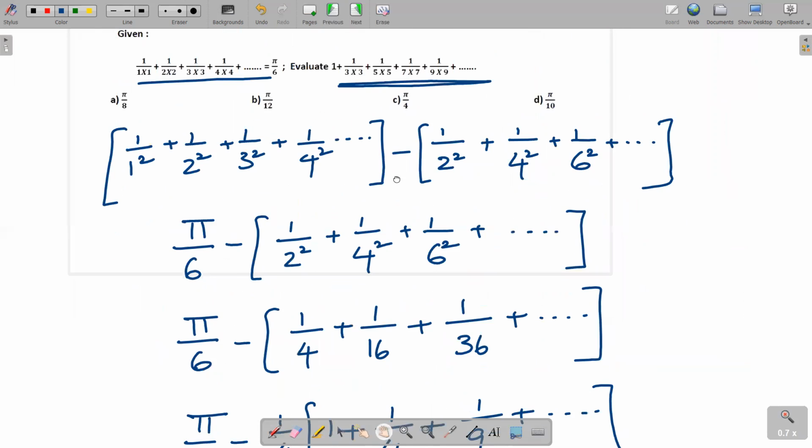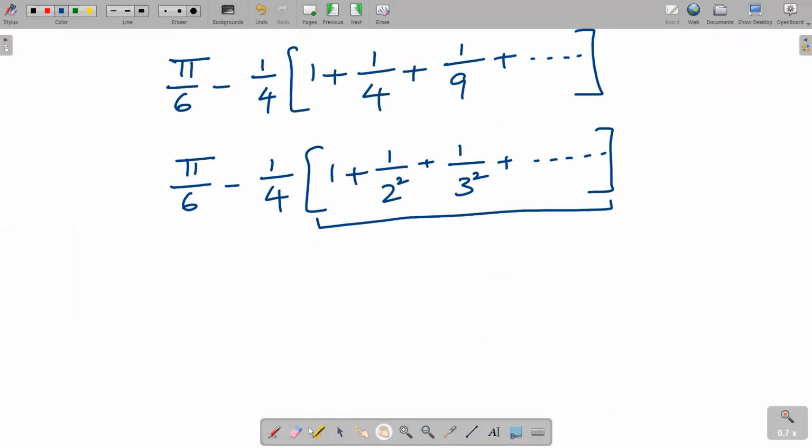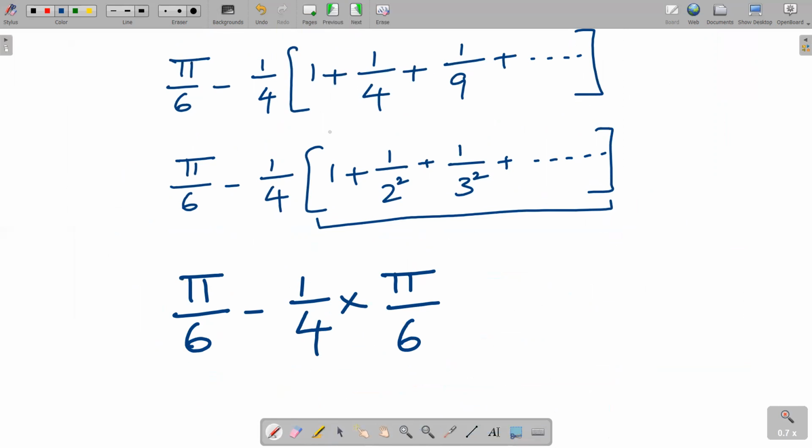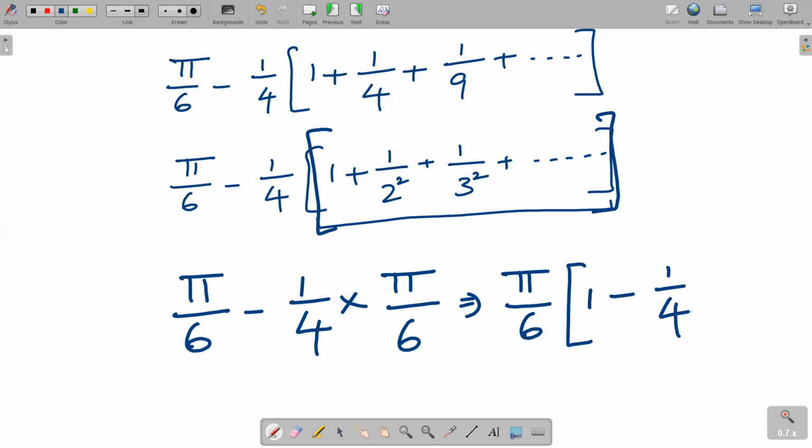Okay, so taking that into consideration, I can thus see that the value of this expression can be written as pi by 6 minus 1 by 4 times pi by 6. Okay, I'm just substituting the value for this over here as pi by 6. Common factor, I can pull out pi by 6 into 1 minus 1 by 4.